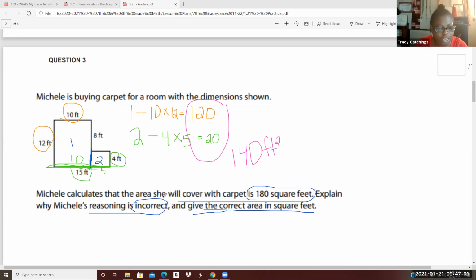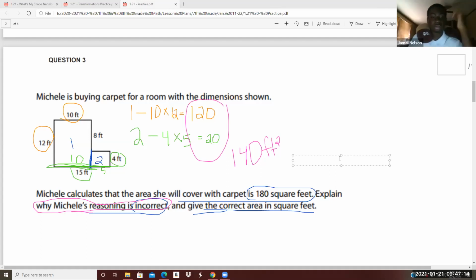All right. Why is Michelle incorrect? What do you think she could have possibly done? Multiply at the end. What end? She multiplied 120 by 20. Y'all said she multiplied 120 by 20.